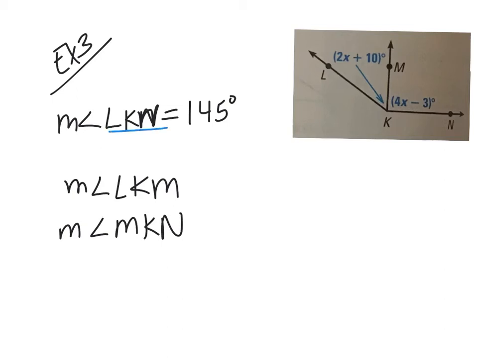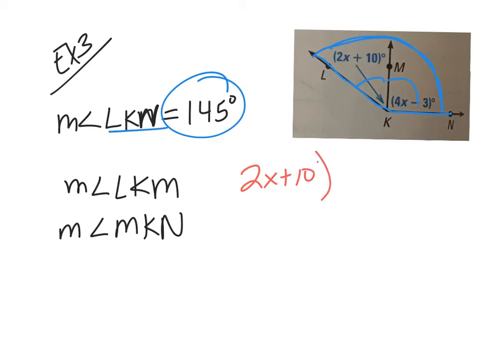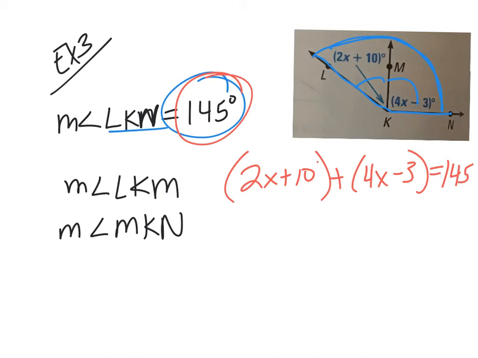So they gave you LKN. Well, LKN is which part? That's the outer one, right? So that's this total measurement, which equals 145. But we know that this one plus this one equals the total. So I could set them to add and then find the value for x. So I can say 2x plus 10 plus 4x minus 3, and all of that added up should equal my total, which is 145. So now we just simplify like terms.